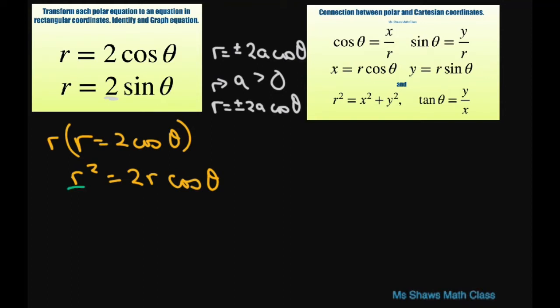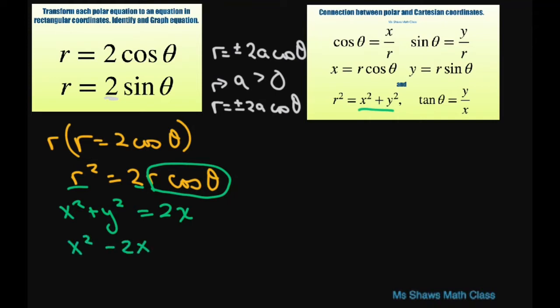All right, r squared equals x squared plus y squared, and then we have 2 times r cosine of theta, so that's going to be 2x. So simplifying, we get x squared minus 2x plus y squared equals 0.